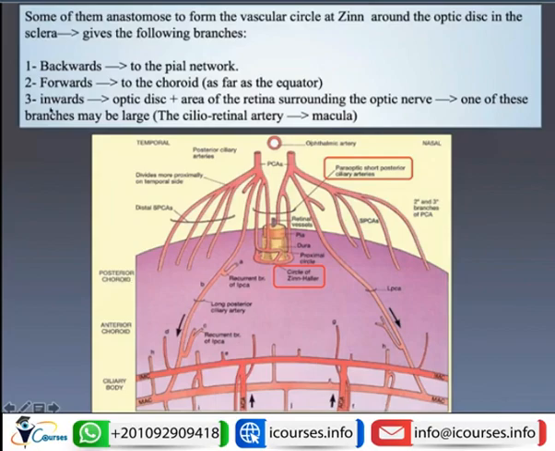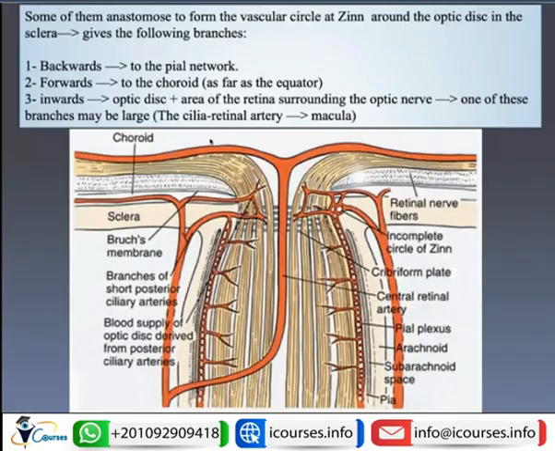And there are some arteries that are directed inward, toward the optic disc, as I told you earlier, and supply the area of retina around the optic disc. Sometimes one of these branches of the circle of Zinn can be large enough to supply the macula, which is called the cilio-retinal artery. So you will remember this from the next slide, I will tell you.